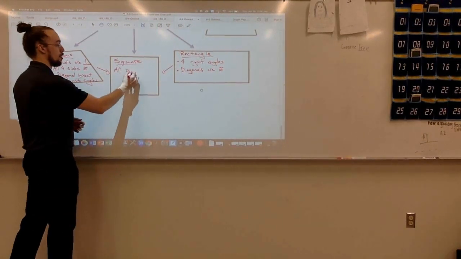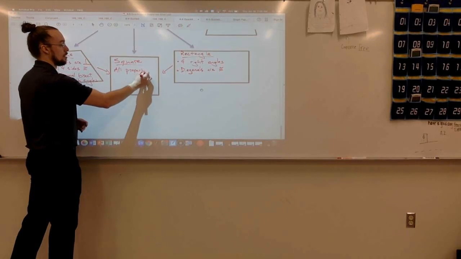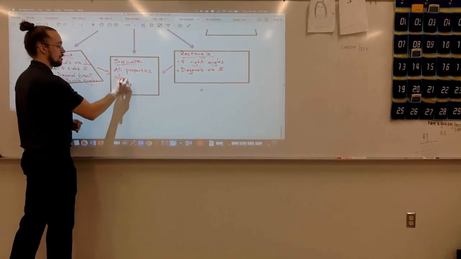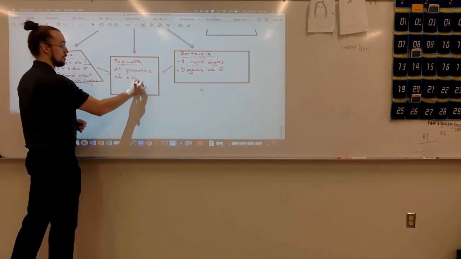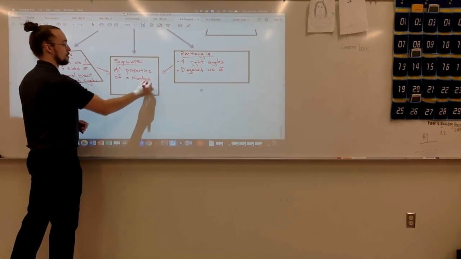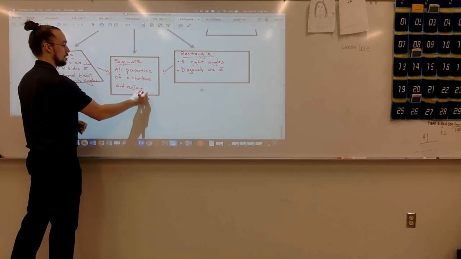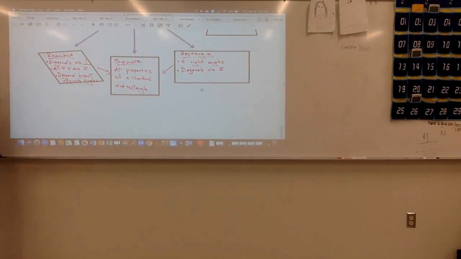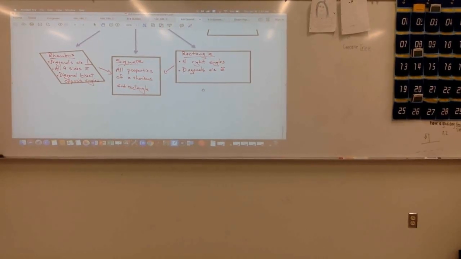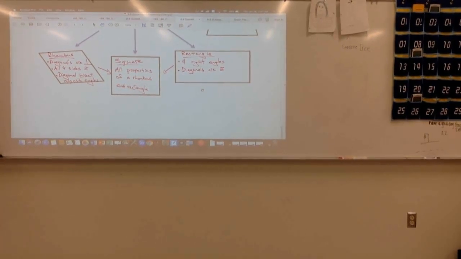So we can just say all properties, rhombus and rectangle. Right, so this is going to be a useful sheet as we keep progressing in this quadrilaterals chapter to keep all these properties straight. Right?